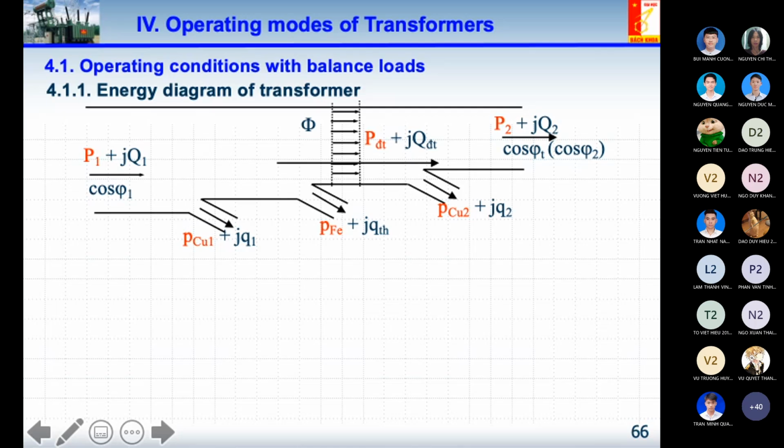Okay, and in addition, for example, if they give you this value, that value, and this value, and they ask you to compute the no-load loss coming from the iron core, PFe, it's very easy for you to calculate.